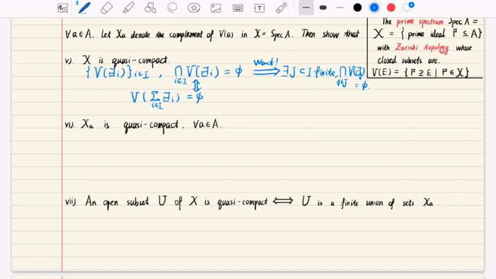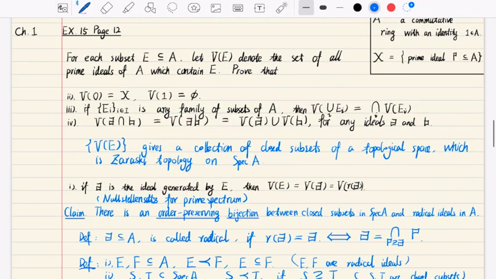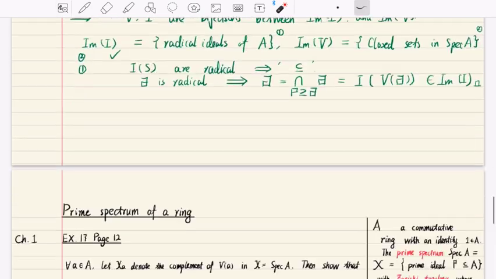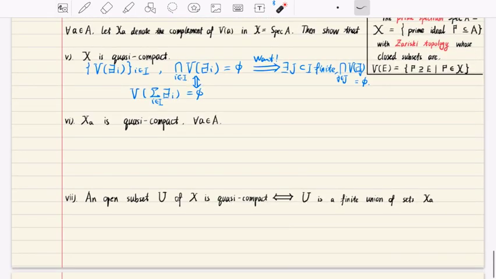The two are equivalent by the intersection formula of subsets.